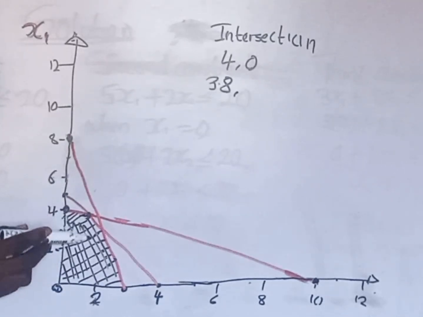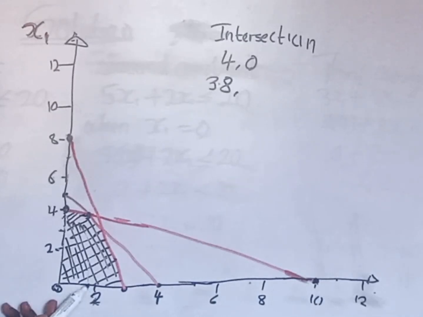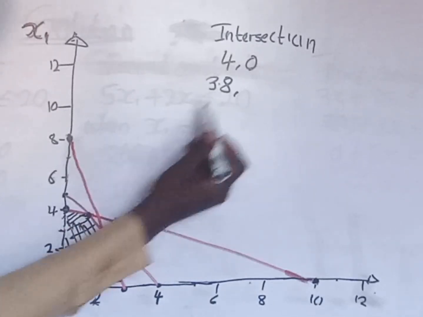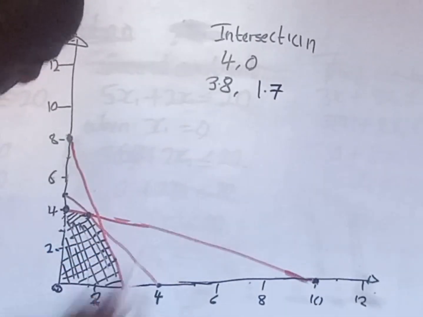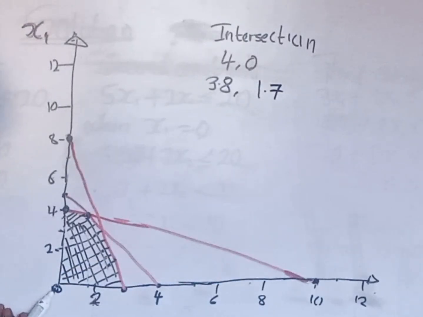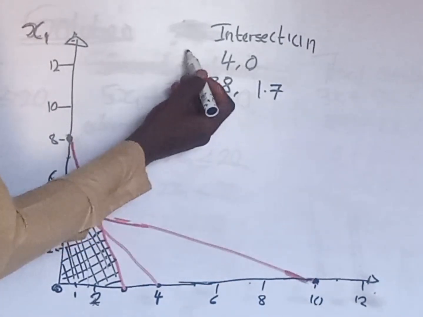Then you trace it downward again. This will be 1.7. Because when you measure from this place to this place is 0, and from this place to this place is 1. So around there, this is 1 point, and it is closer to 2. So it will be around 1.7.